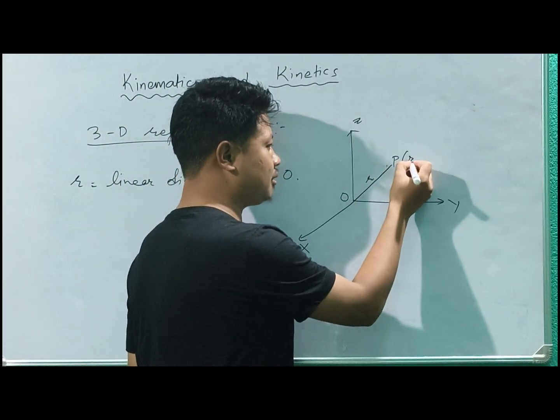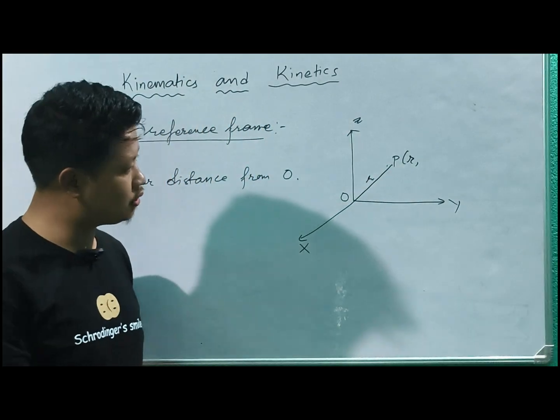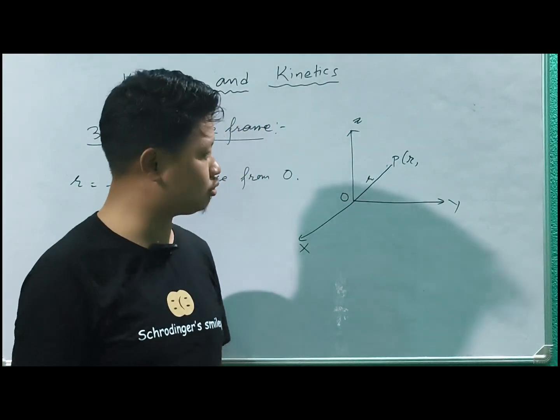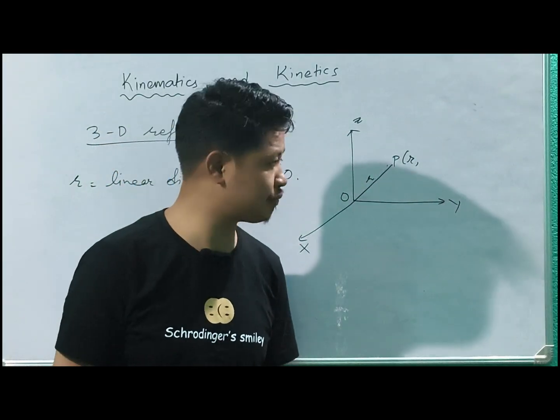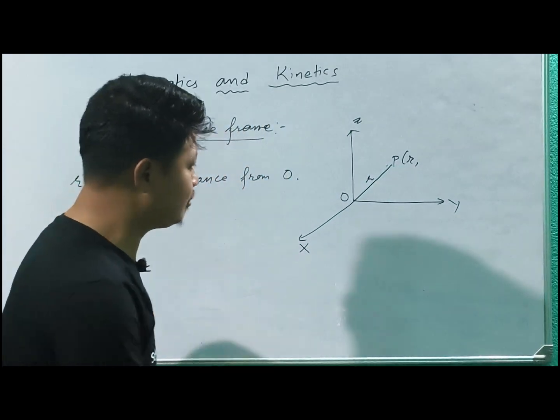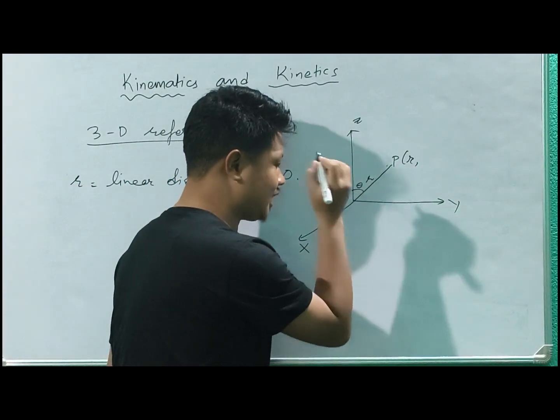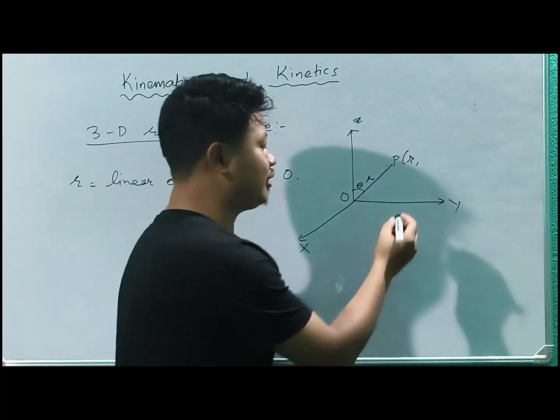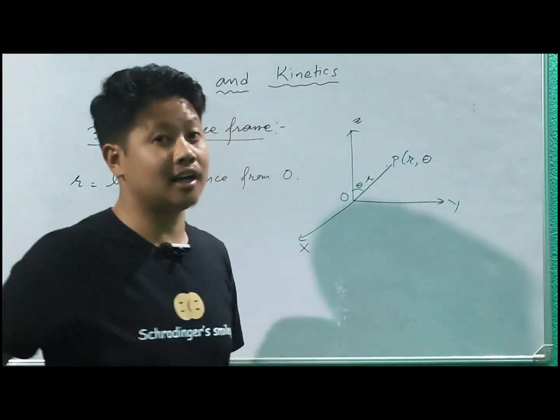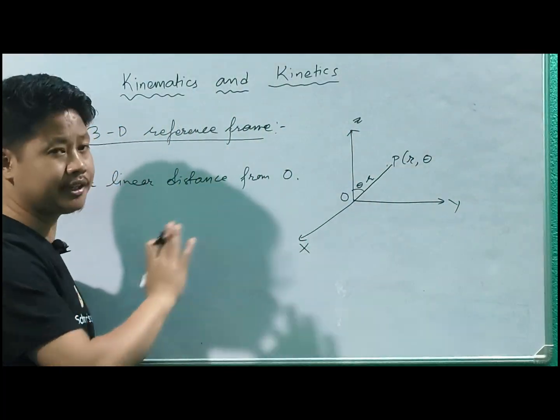Number one coordinate is given by r. Now we need two more coordinates to know the exact position of point P. So the next coordinate will be theta, which gives the second coordinate of the point P.